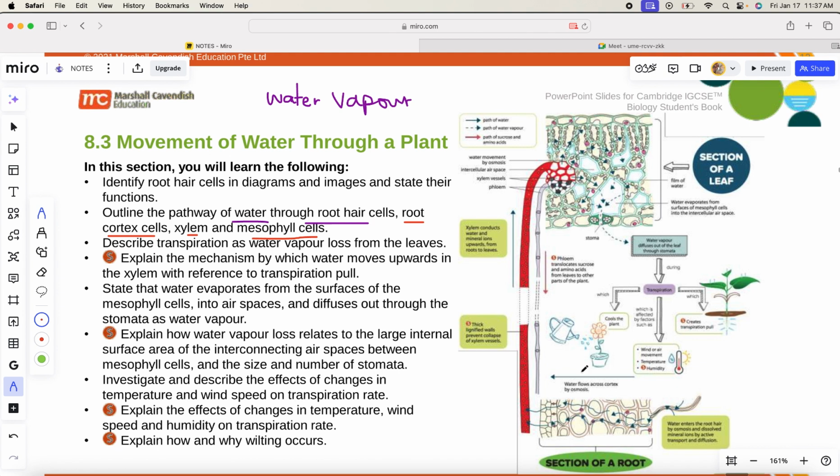So it's a continuous process. As long as the sun shines on the leaf, water goes in, water goes out.